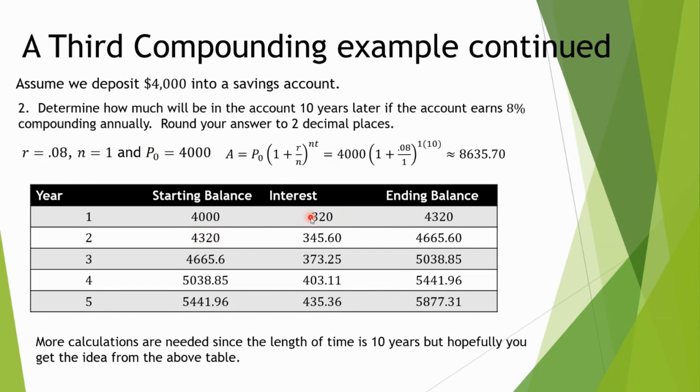So instead of using 320 again, we're going to compound, recalculate the interest. And so it's a bigger number. Add that on, becomes the new balance, recalculate the interest, and you keep on going. Then you add it on, this becomes the ending balance, what's in there after year 3. That's the starting balance for year 4, and so on.